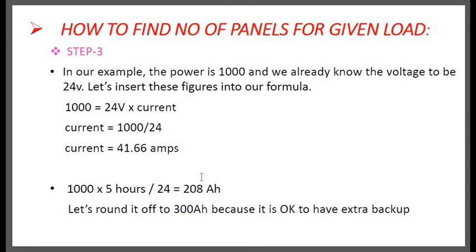So our battery size will be 208 ampere hour, but this figure is not practically available, so we will take a round figure of 300 ampere hour. So it is okay to have extra backup.